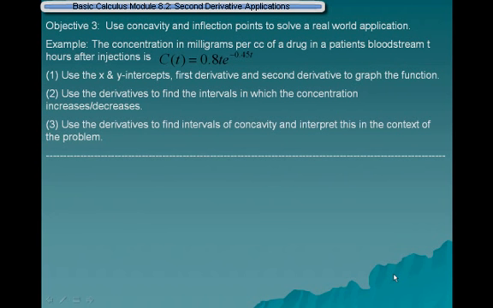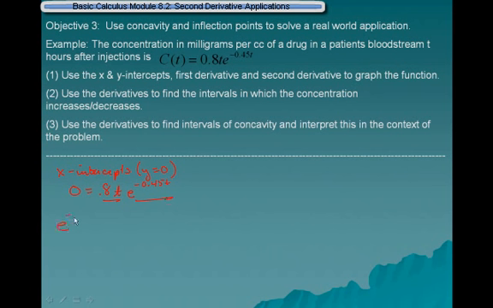Okay, starting off with part 1, let's find the x and y intercepts. So let's look for the x-intercepts first. Our x-intercepts are when y is equal to 0, or in this case, when C of t is equal to 0. So we'll have 0 is equal to 0.8t e to the negative 0.45t. Since these are already set up in factors, we can separate them and set each one equal to 0.